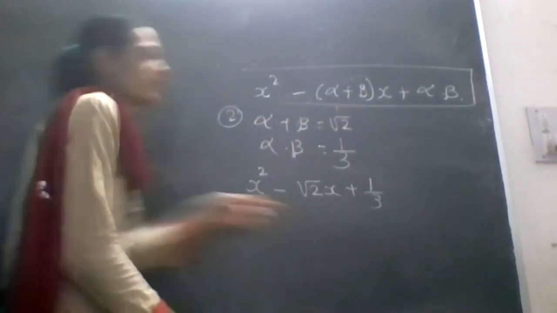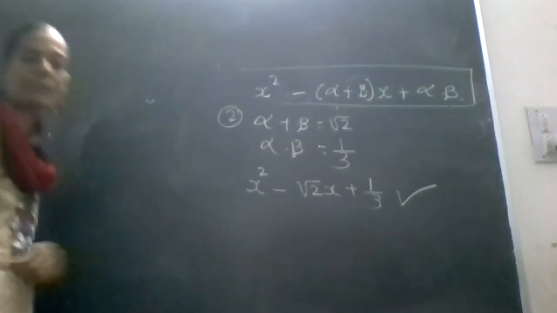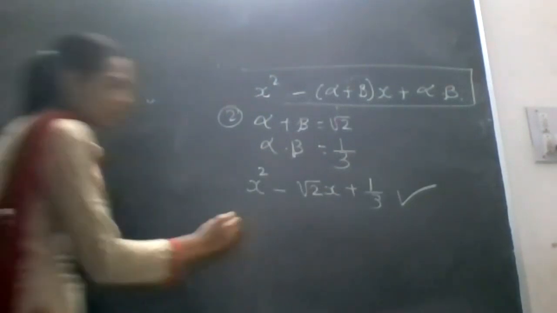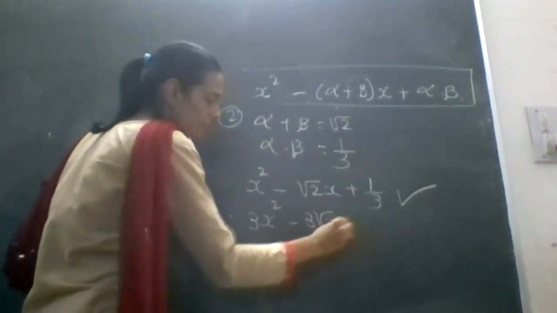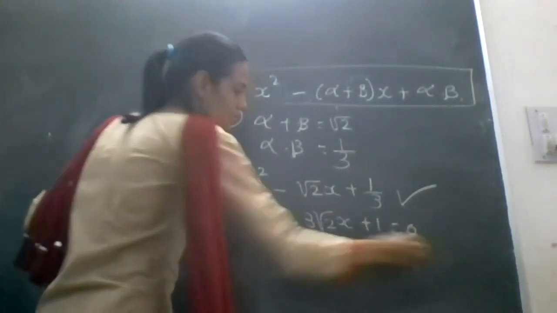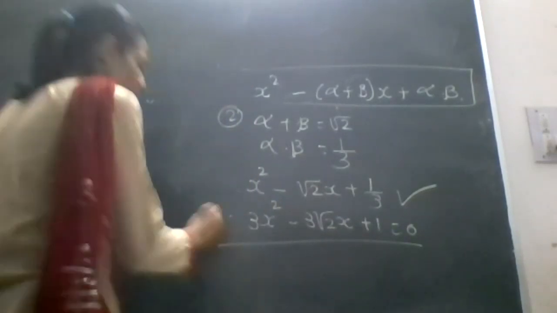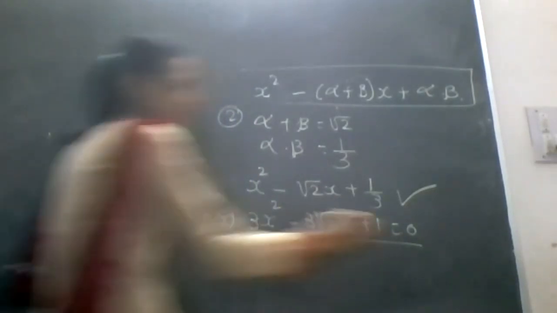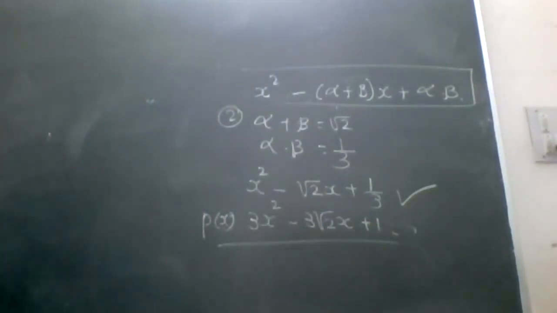So what you will get? We don't want the denominator. This is also possible, but find the LCM. So it will become 3x square minus 3 root 2 x plus 1 is equal to 0. This will become your quadratic equation or quadratic polynomial. Or you can write this one only, not in 0. Is it clear to everyone?